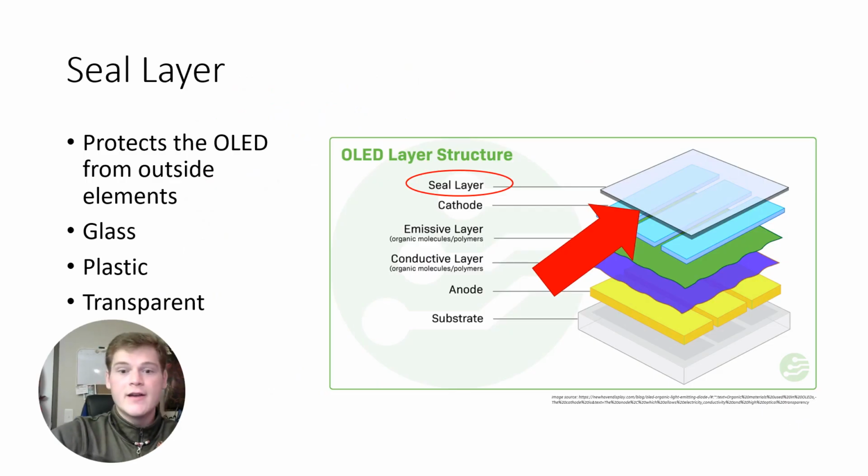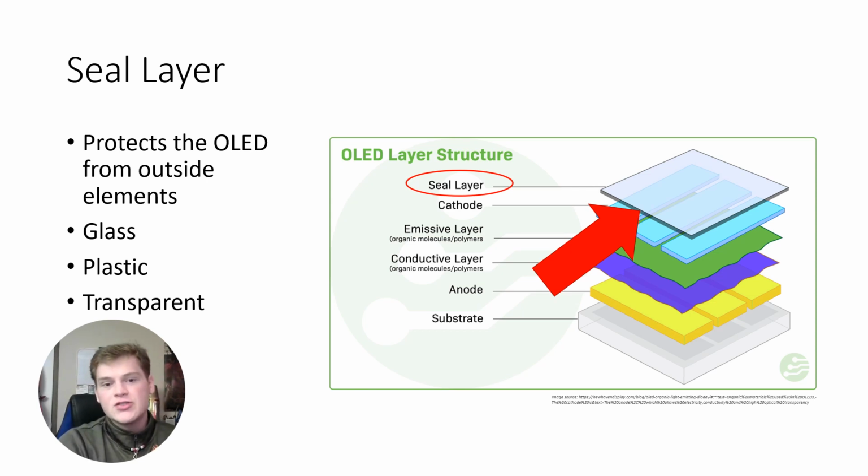So the final layer of an organic LED is the seal layer. And this layer, much like the substrate layer, is designed to just kind of case the OLED and just protect it from the outside elements. It's often made from basic materials such as glass, plastic. It could be metal. We don't often see metal being used.